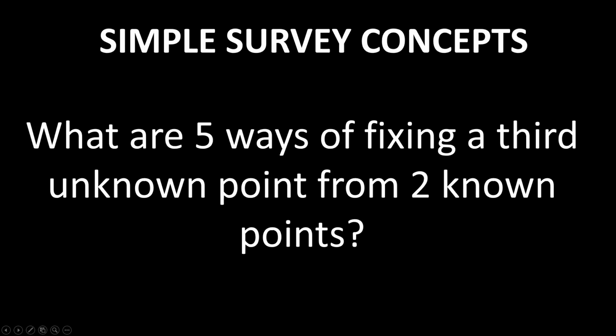So the simple survey concept that we're going to look at in this session is: what are 5 ways of fixing a third unknown point from 2 known points? So if we see here, P and Q are 2 known points and we know the distance between them.